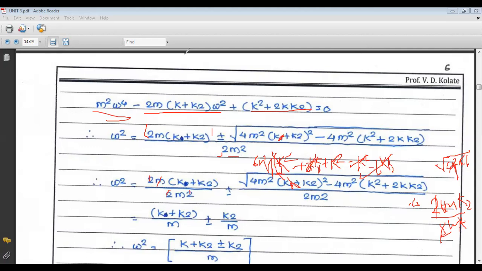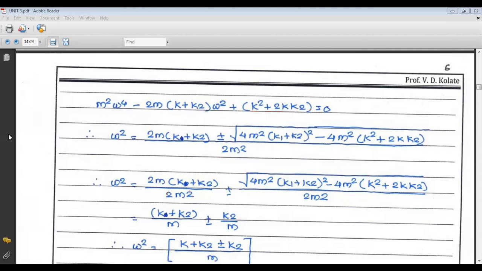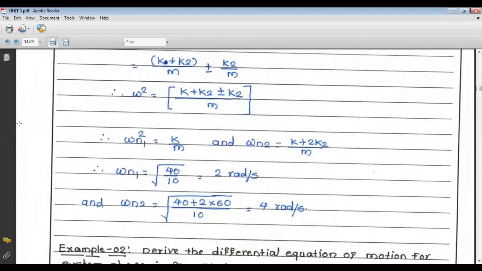Now what is the value of omega n square? The first root is k plus k2 minus, now put in the values. So the first term we take minus k2 and the second term plus k2.